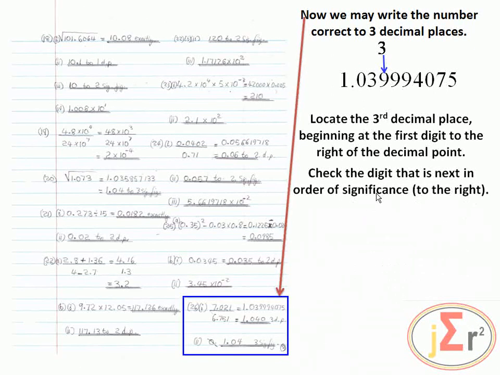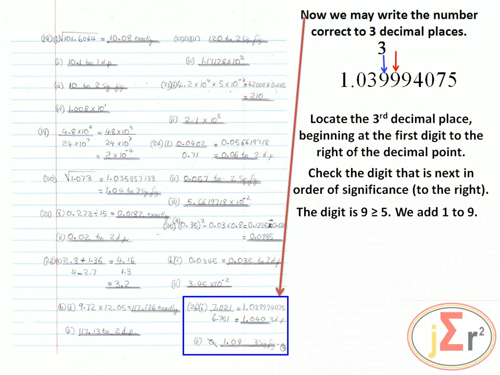Check the digit that is next in order of significance, the one that is located to the right. The digit is 9, and of course 9 is greater than 5.